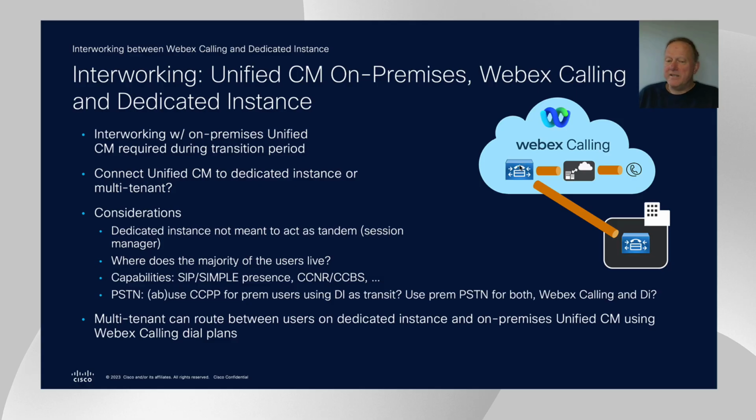And that's technically not what Webex Calling Dedicated Instance is meant to be. It is not meant to act as a tandem switch. So you could throw in another trunk between on-premises Communications Manager and Webex Calling using a local gateway. But then the question is, do you build the full triangle or just do this trunk?